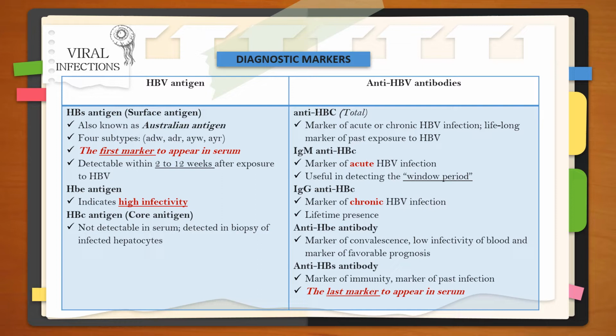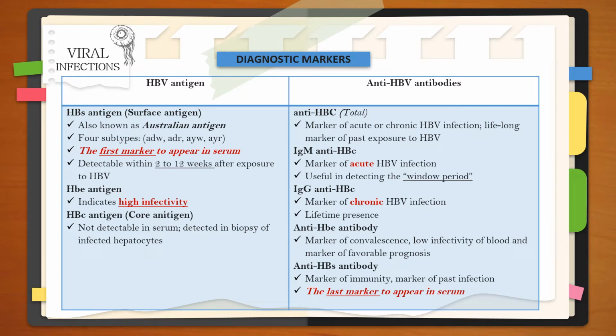Hepatitis B surface antigen is the first marker to appear in the serum of an infected individual and is typically detectable within 2 to 12 weeks after exposure to hepatitis B virus, and that is exactly why it is very useful in pre-transfusion testing or screening of blood donors.